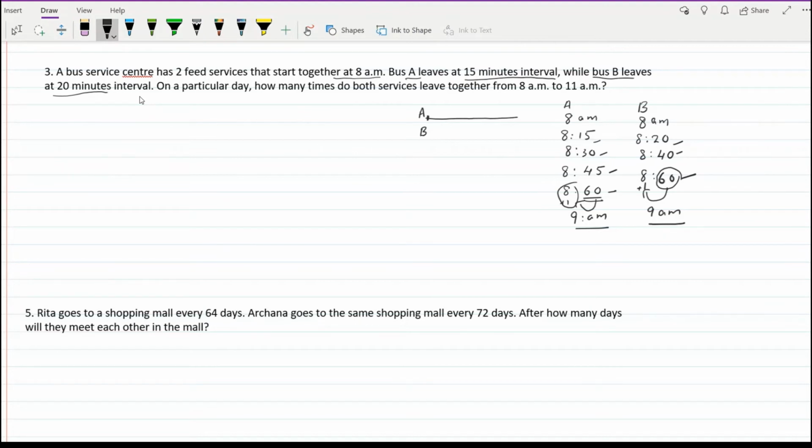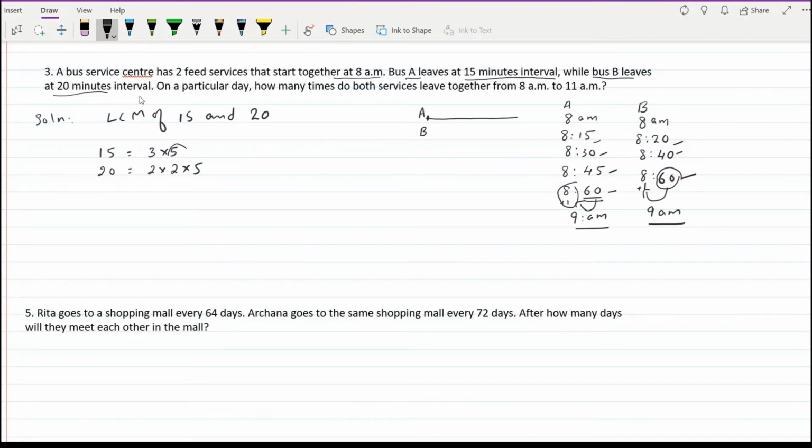I explained the first property, so from this we can understand and write the solution. We have to find the LCM of 15 and 20, the times given. We write 15 as 3 into 5, and 20 as 2 into 2 into 5.